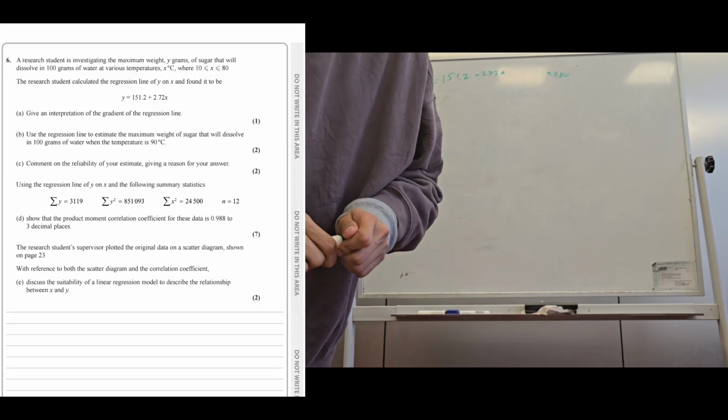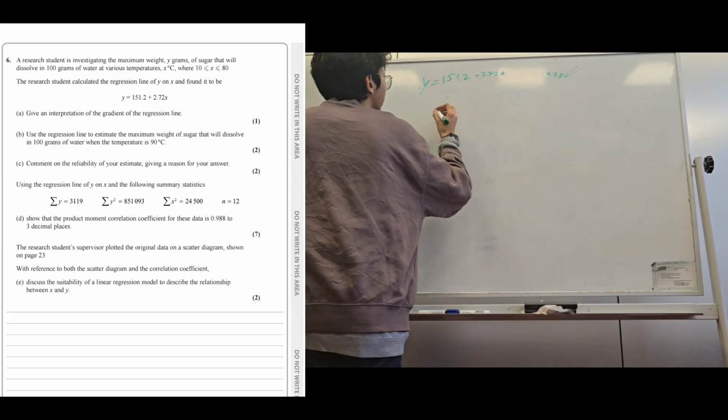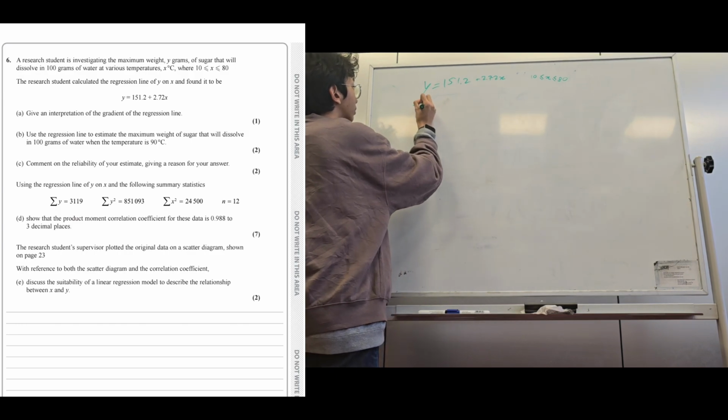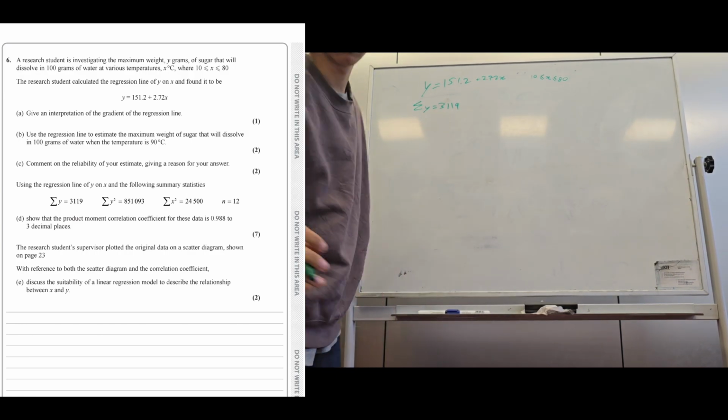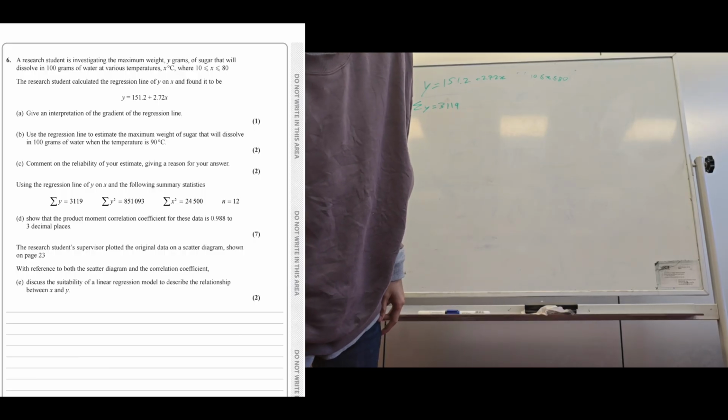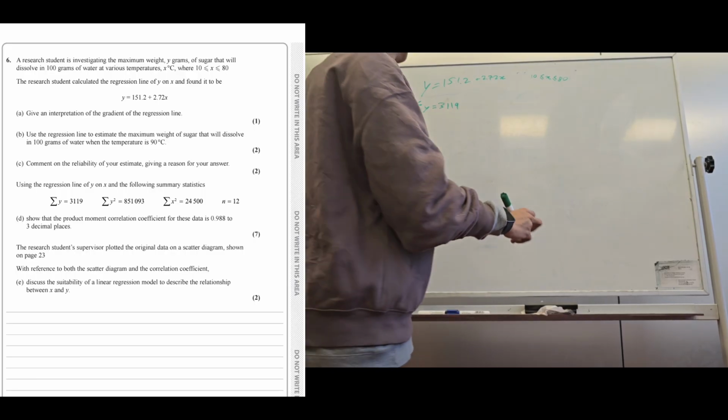Summation of y is 3119. Summation of y squared is 851093.